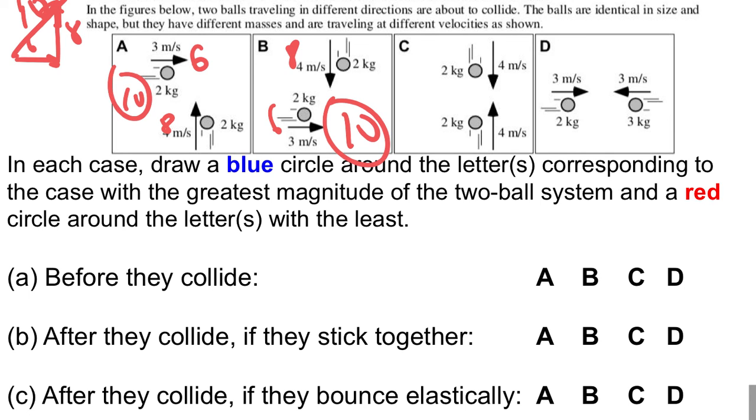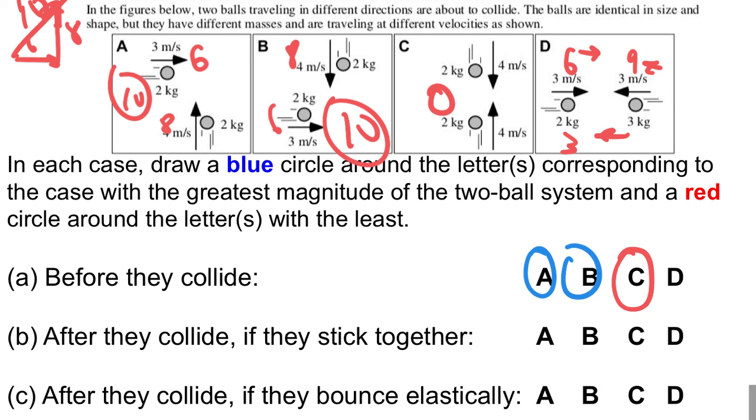In case C, we have 8 moving straight downward, but we have 8 moving straight upward. This is a total of 0. And here we have 6 going rightward and 9 going leftward, so that's a 3 going leftward. So we can see that before they collide, the system momentum is largest in A and B, and 0 in C, which is the least.